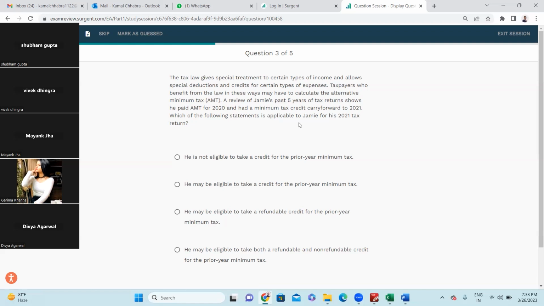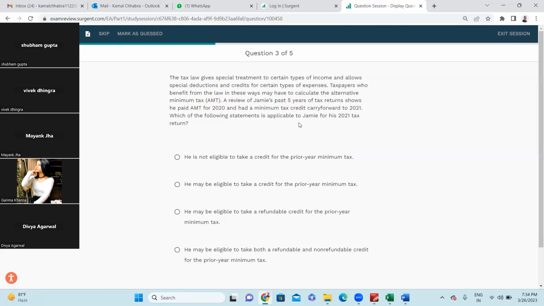First, he is not eligible to take the credit for prior period minimum tax. He may be eligible to take credit for the prior year minimum tax. He may be eligible to take a refund credit for the prior year minimum tax. He may be eligible to take both refundable or non-refundable.